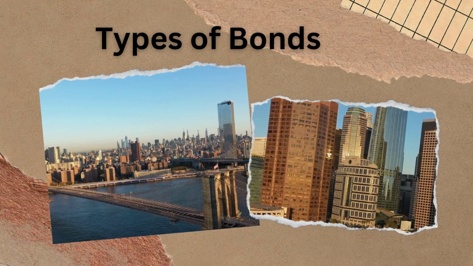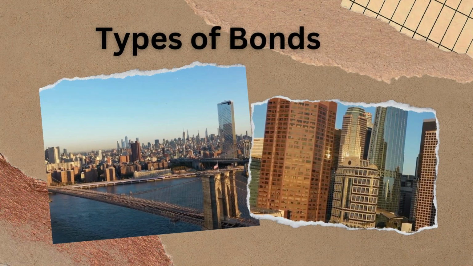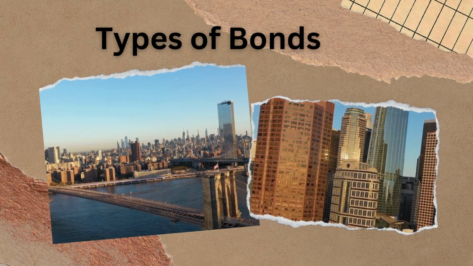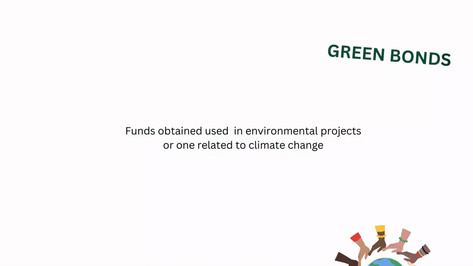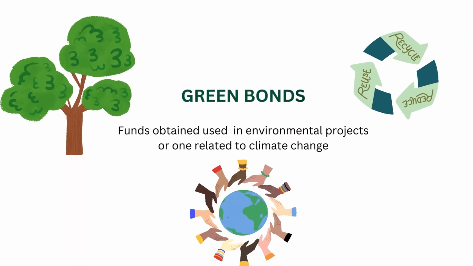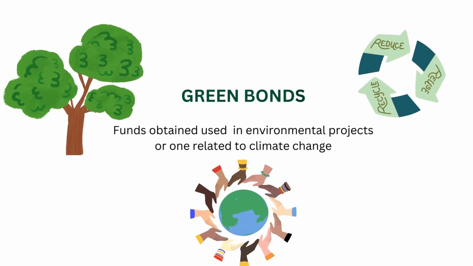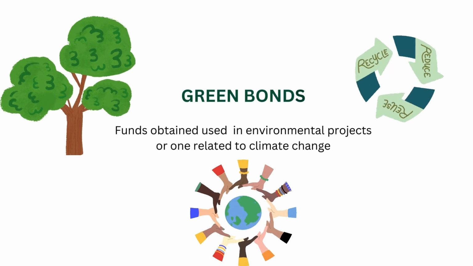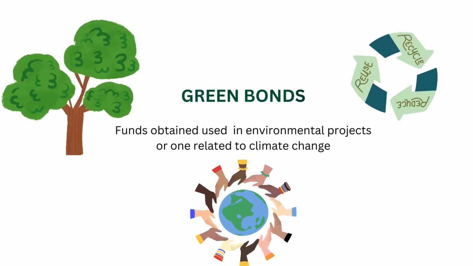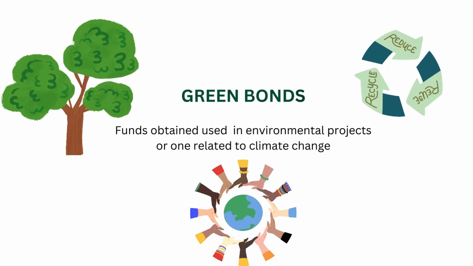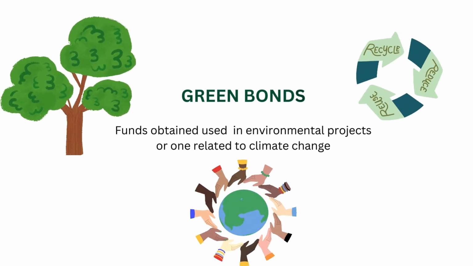There are various types of bonds that are usually issued in the financial markets. We are going to look at just a few of them. The first one, we have green bonds. Green bonds are usually loans that are issued by corporations whenever they need funds, and mostly these funds, when they are obtained, are used in environmental projects or projects that are related to climate change.